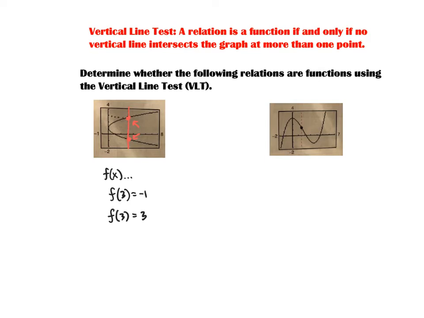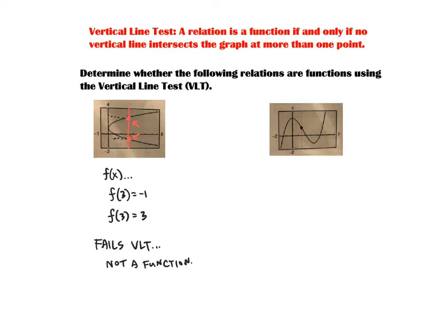Right? You see these outputs? I'm estimating, of course. But that's not possible, right? For a function, we can't have two outputs yielded by the same input. So this would not be a function. So it fails the vertical line test. Therefore, not a function.